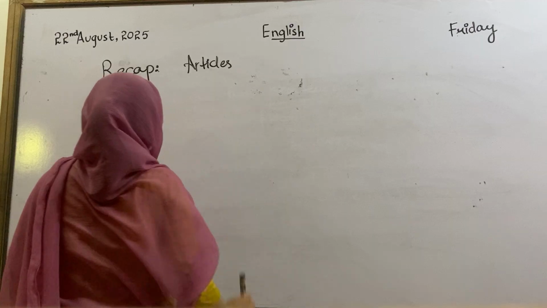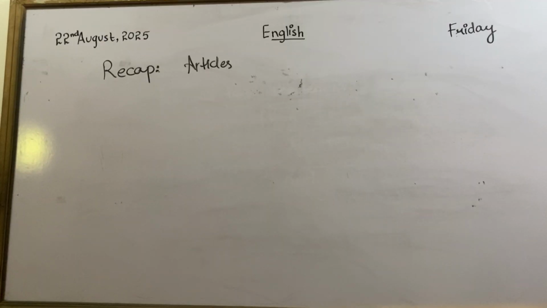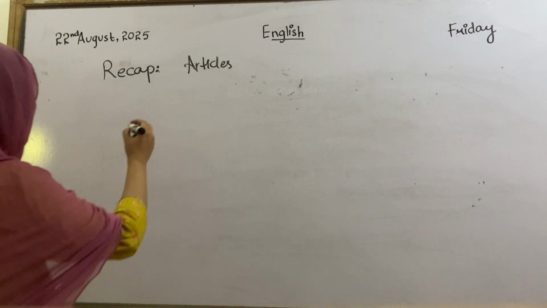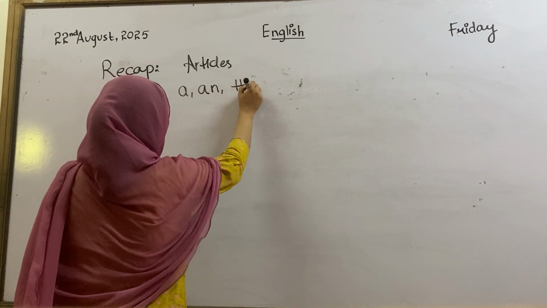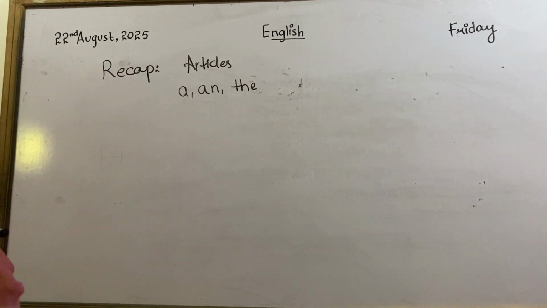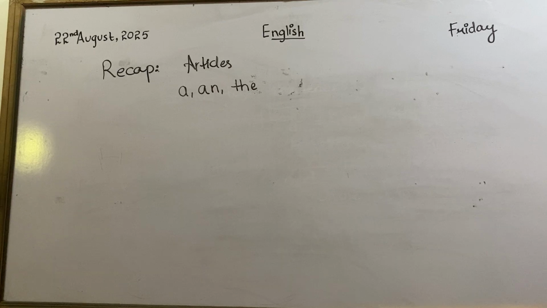How many articles we have? Abbas? 3, okay. And what were they? A, an and the. Now who is going to tell me where do we use a? Arisha, where do we use a?